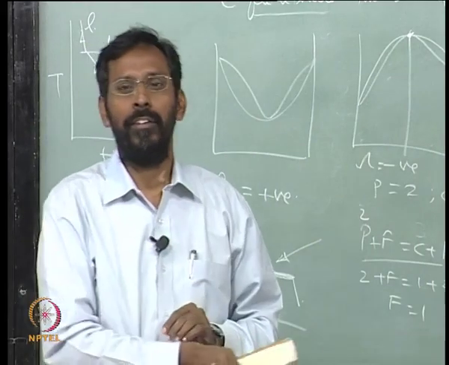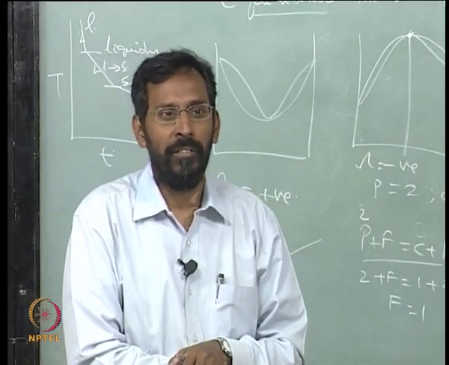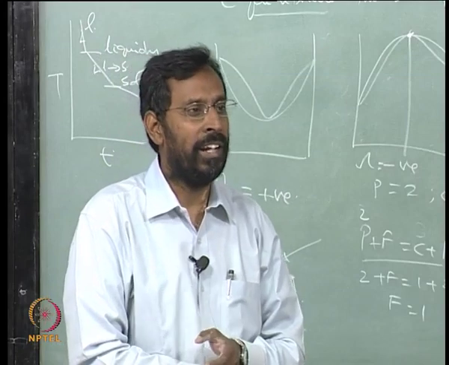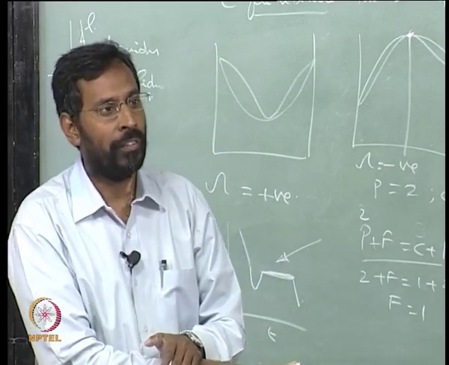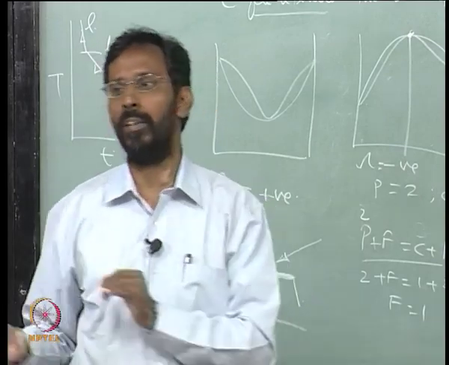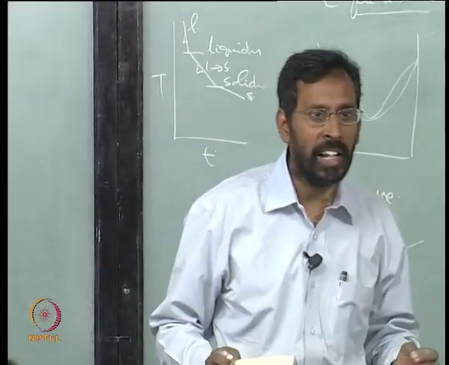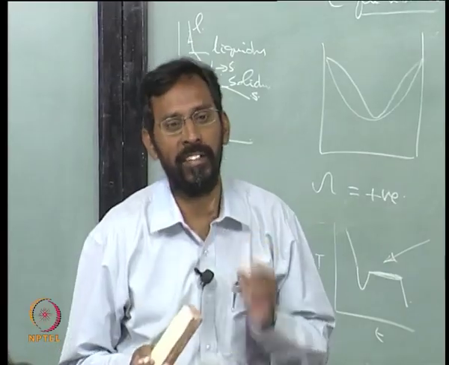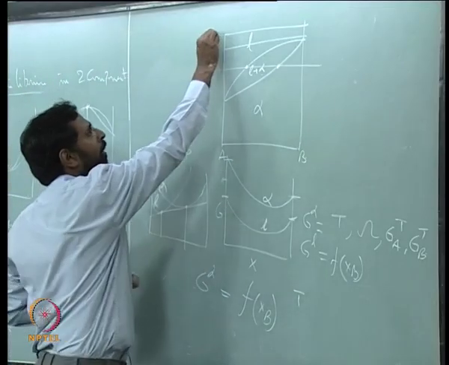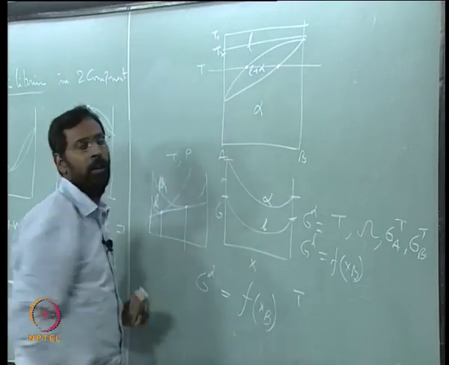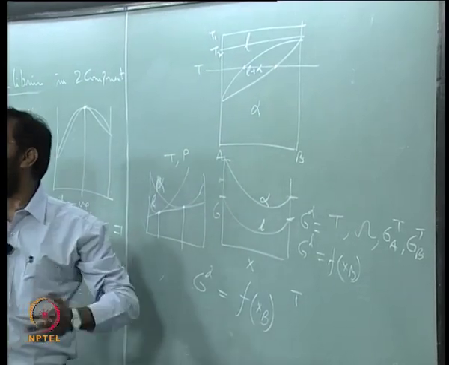Remember our first class where we said dG by dT is minus of entropy. So, free energy decreases as the temperature increases, free energy increases as the temperature decreases. So, if I am decreasing the temperature from T1 to T2, then the free energy should increase.